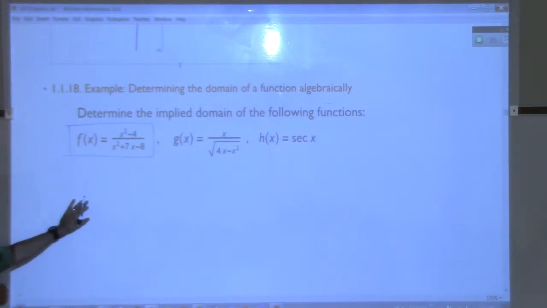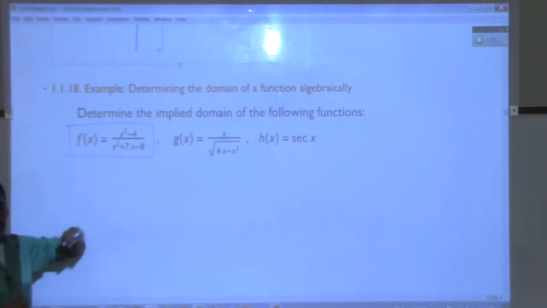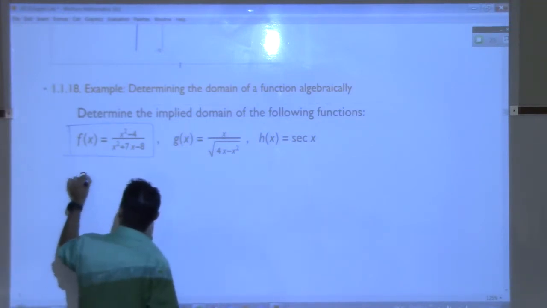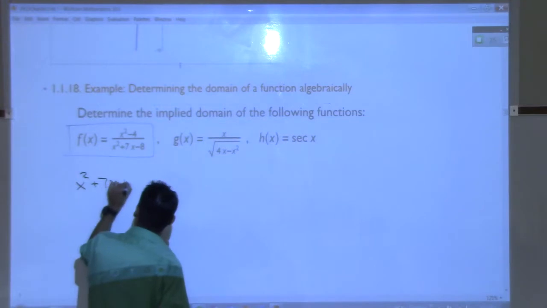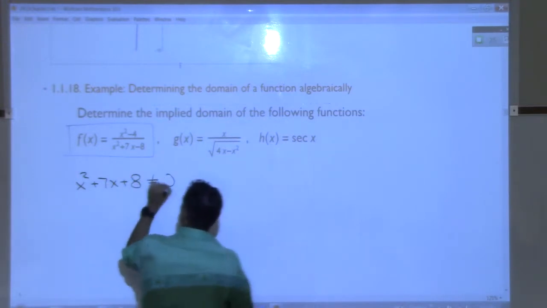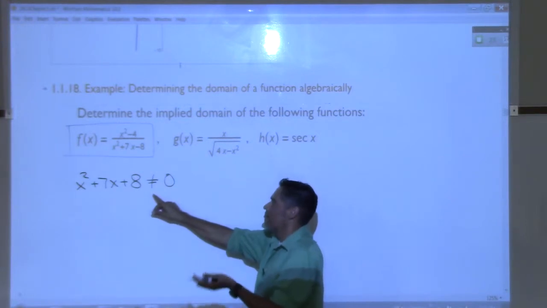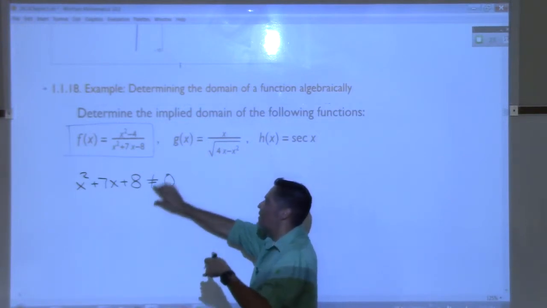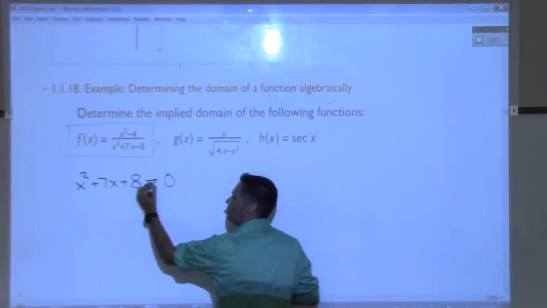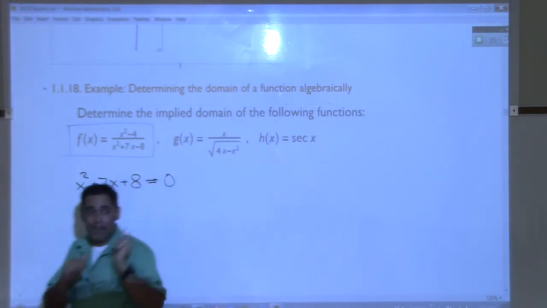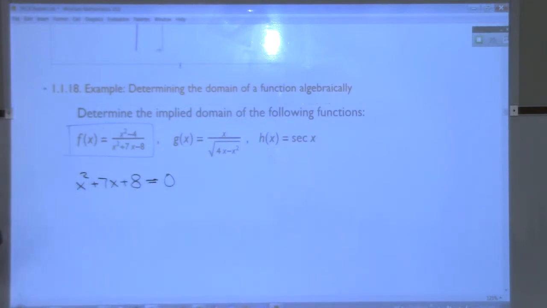So what you would be interested in is what would actually make that denominator 0. You would set up that equation, and you don't want that to happen. But in order to figure out where we don't want it to happen, I'm going to figure out where it happens, and we'll throw those out of our domain. All right, Marcus, do you feel comfortable with that?